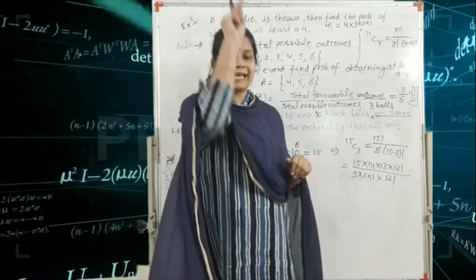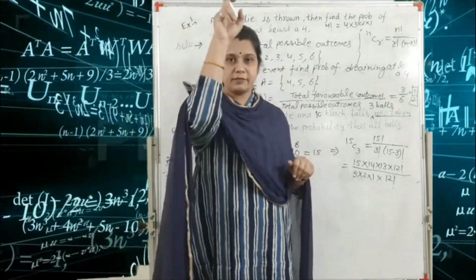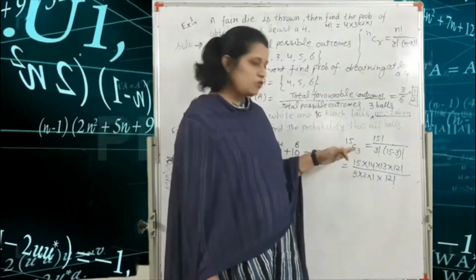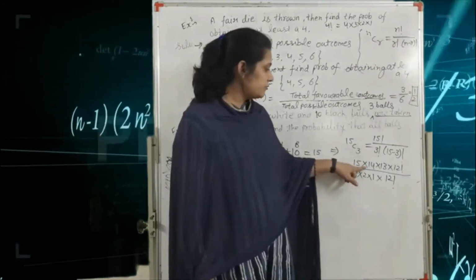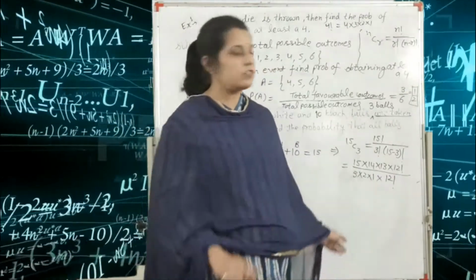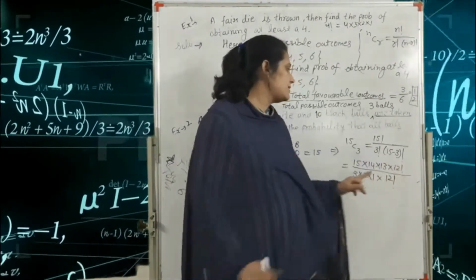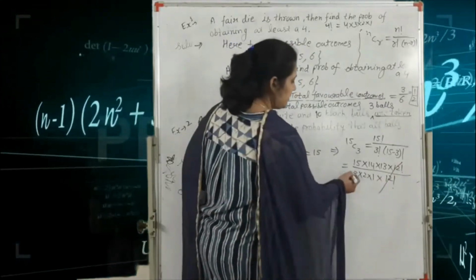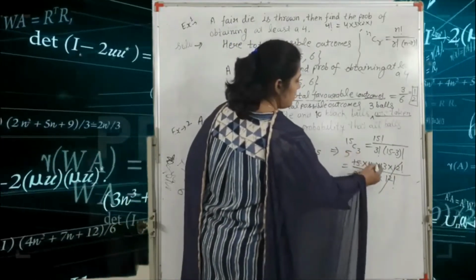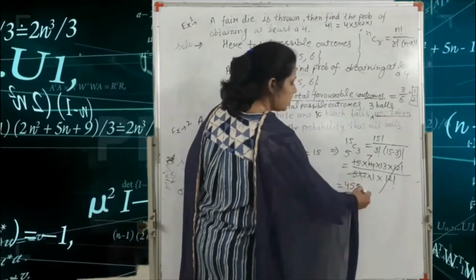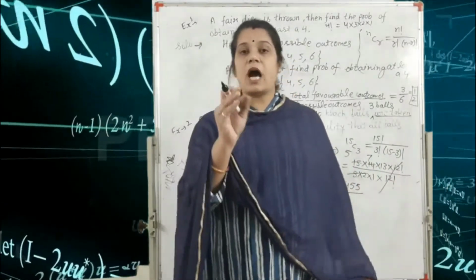You cancel out numerator and denominator by factorial 12. So we write 15, 14, 13. Here 3 5s are 15 and 2 7s are 14, so the total is 455. This is your total possible outcomes.